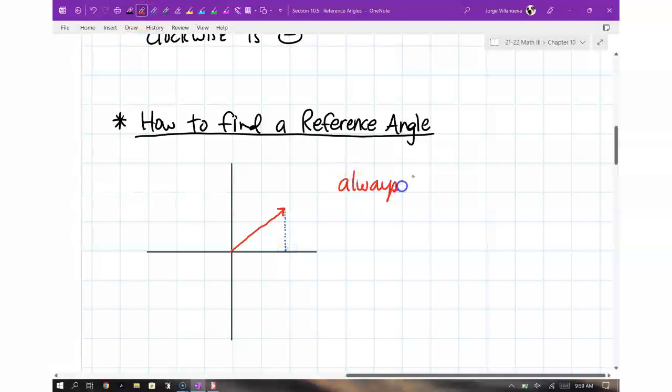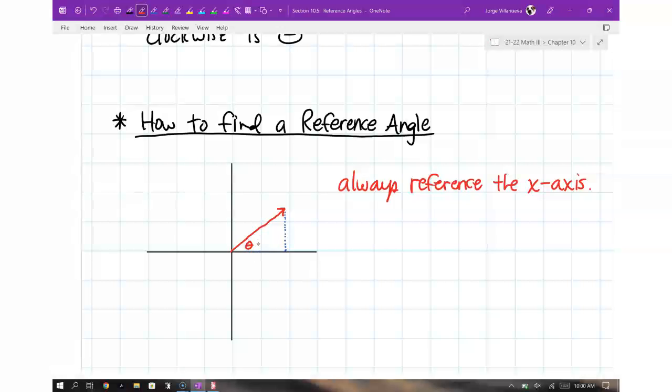Always reference the x-axis. In other words, this is the angle you're looking for. You draw a line straight down to the x-axis, and you're going to reference it. That means you're going to look for that little angle that it creates.